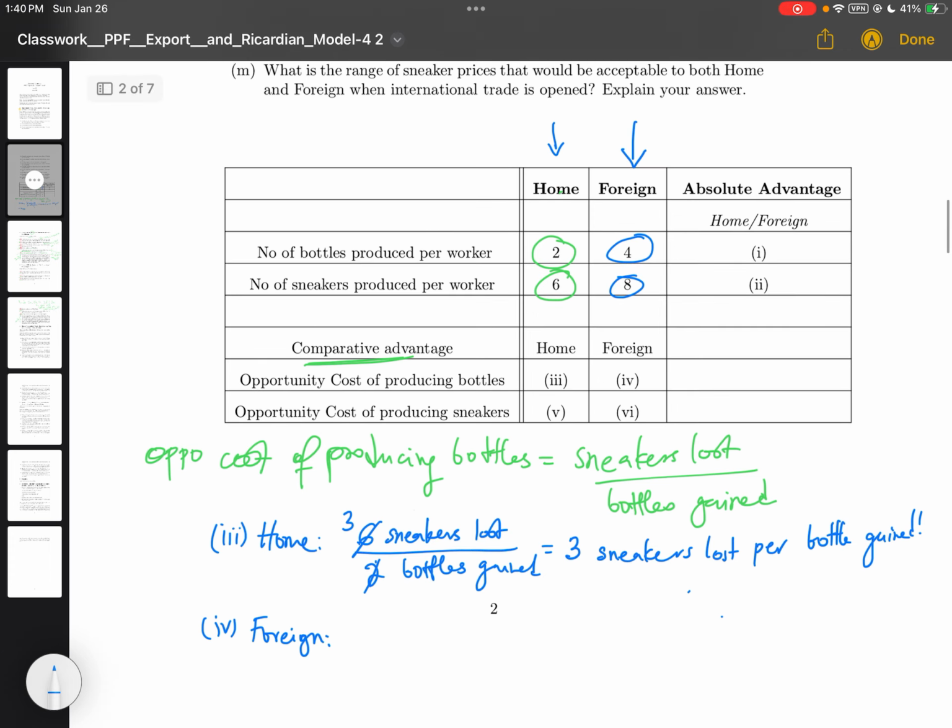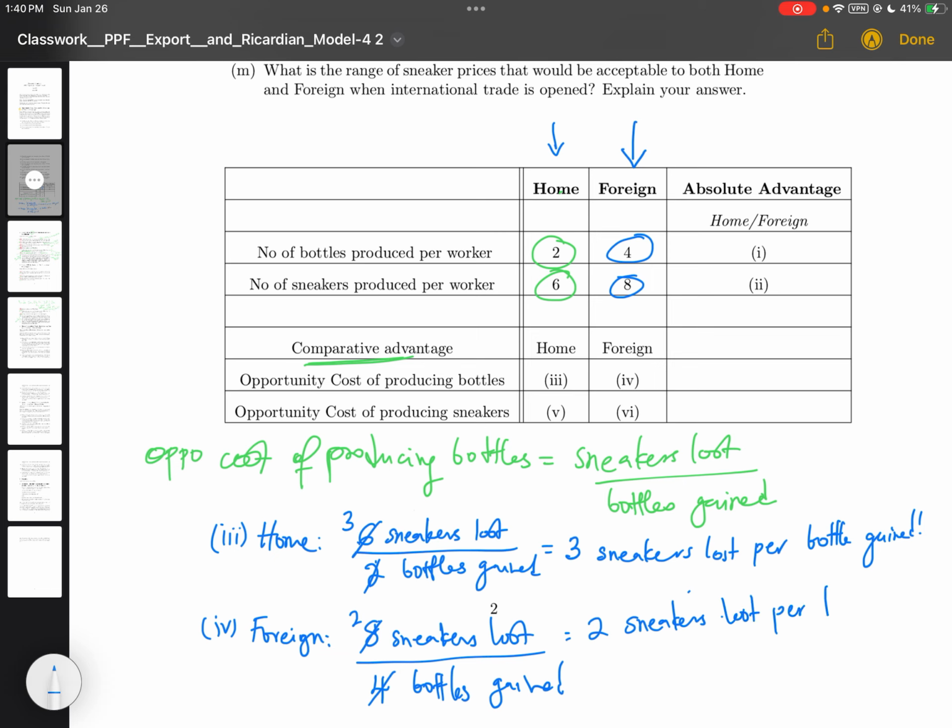And so we have 8 sneakers lost divided by 4 bottles gained, and 4 goes into 8 twice. So we have 2 sneakers lost per bottle gained.